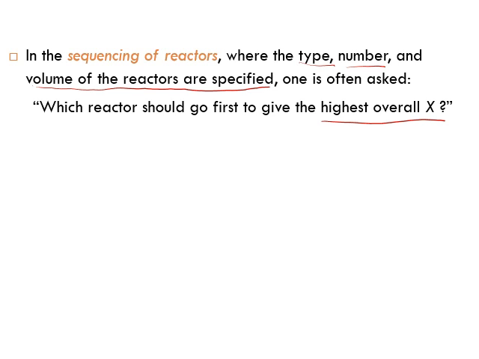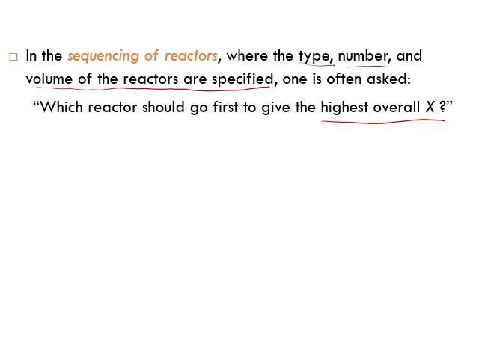Remember, Shabab, when we have design, first we should have the kinetic and thermodynamic data, right? We should know the conditions I'm going to operate in. And then, if I know my desired conversion, I calculate the required volume.